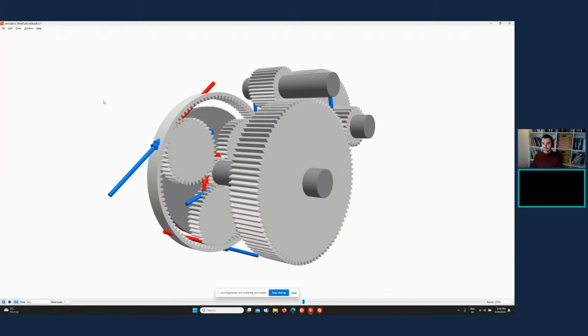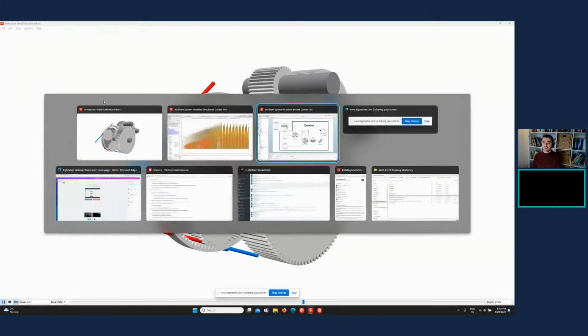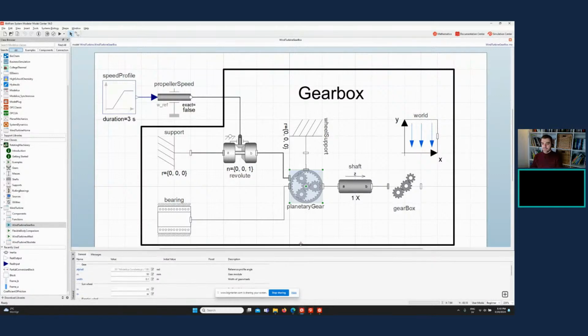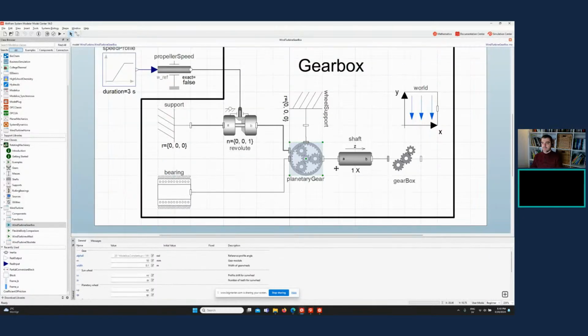You drag and drop your system together, you simulate, and this will be available. But if you want something with a specific CAD shape, you can use Mathematica to import a CAD shape and then import that further into System Modeler.